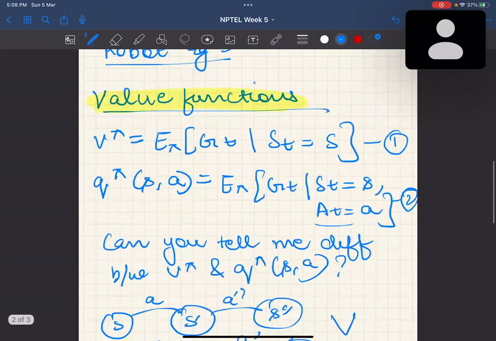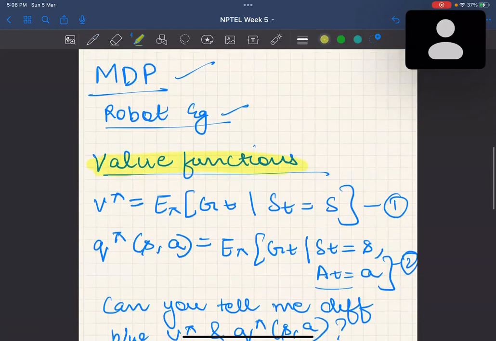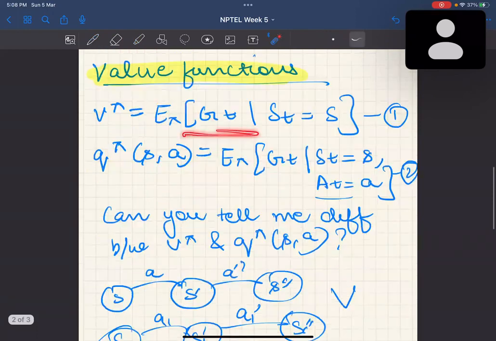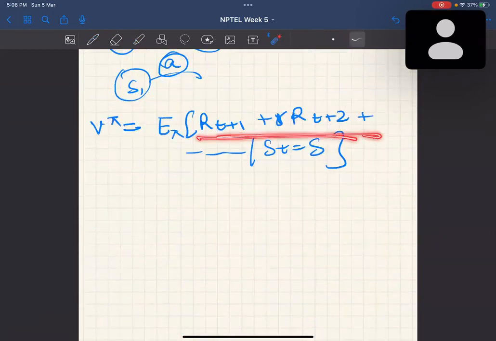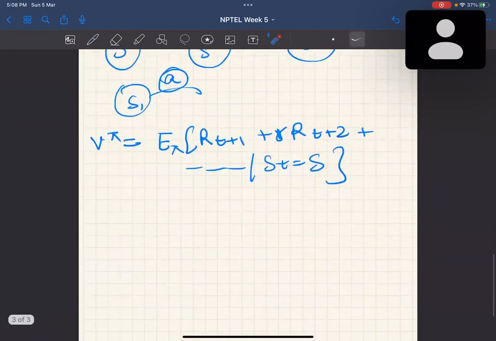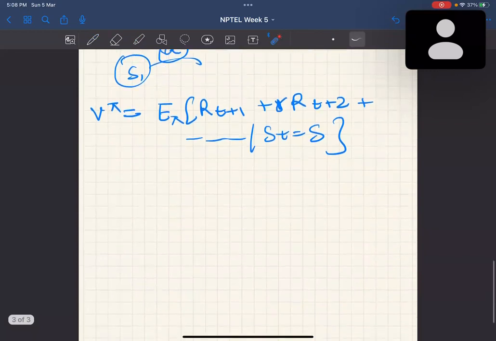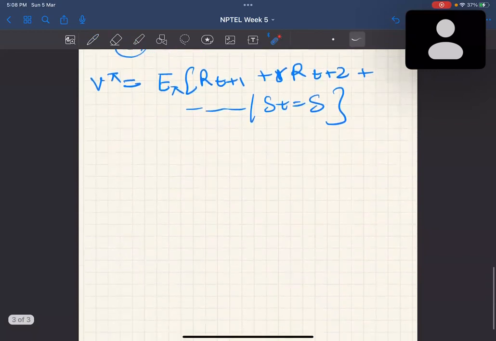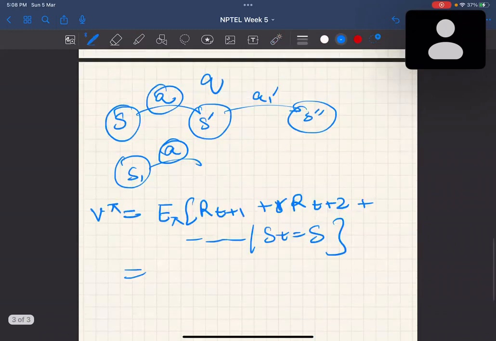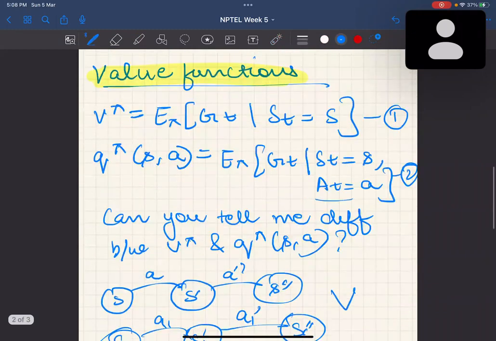And as we know, we can write the expected return in the form of the rewards, the discounted reward. It is the expected reward only. So we can write it in this form. I have just elaborated this GT term in V pi.